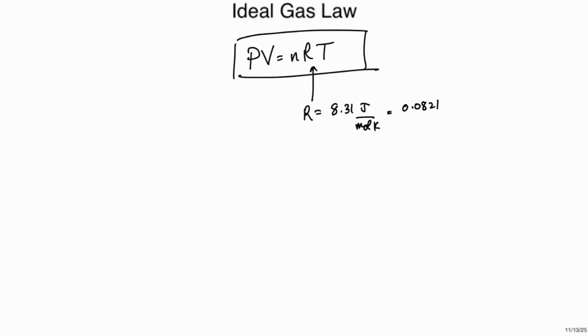This is just for you chemists. Liter atmospheres per mole Kelvin. Okay? So that might be the one that you're used to from chemistry. Because it's scaled for liters and atmospheres already. Okay? In physics, we use 8.31 joules per mole Kelvin. Which means that your pressure unit better be what?